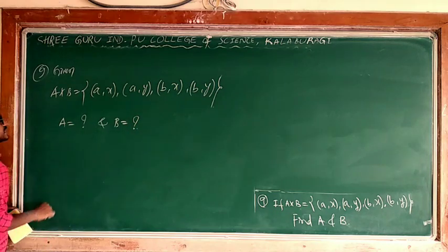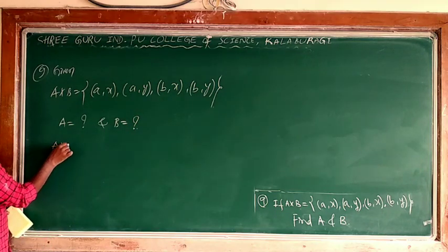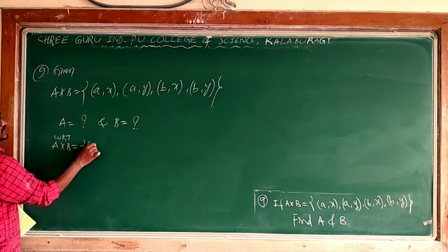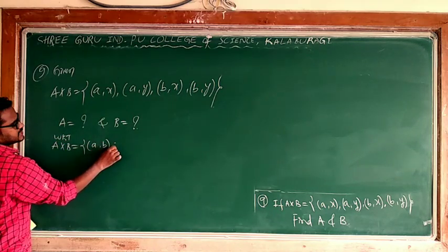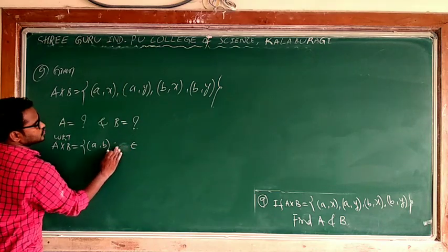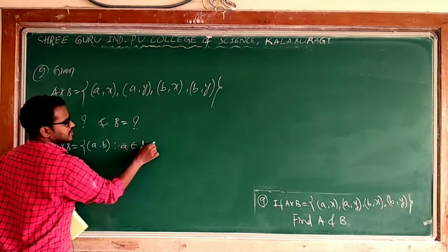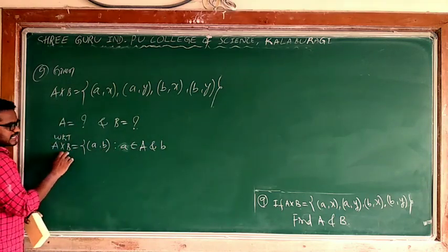It's very simple. Whenever A cross B, we know that A cross B is equal to the set of ordered pairs such that the first element belongs to the first set and the second element belongs to the second set.